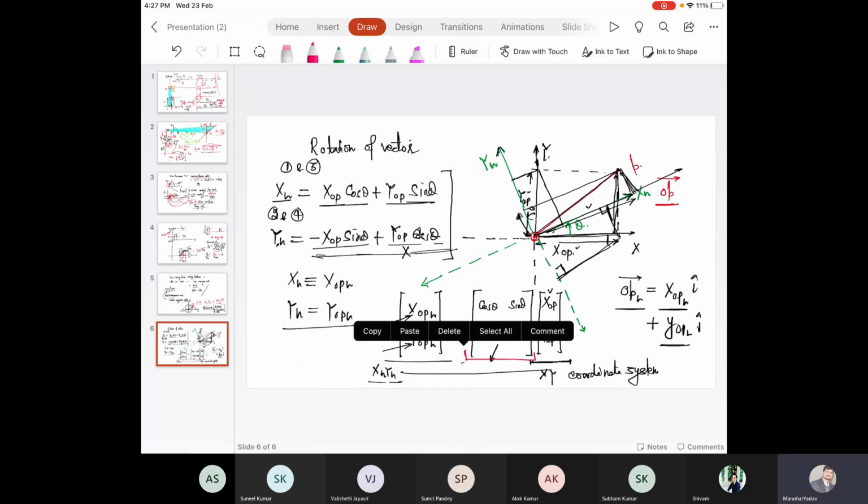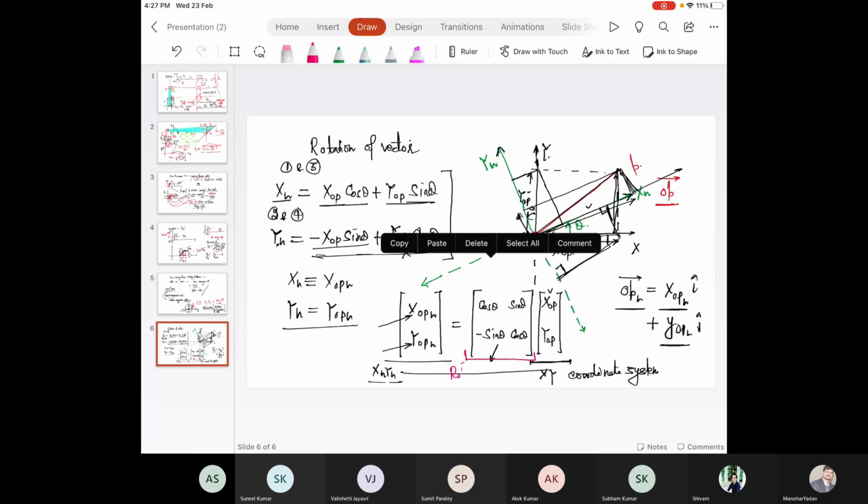So this is considered as the rotation matrix when you rotate about z-axis. It is in 2 dimensions, 2D analysis we are doing. We can extend it into 3D as well.